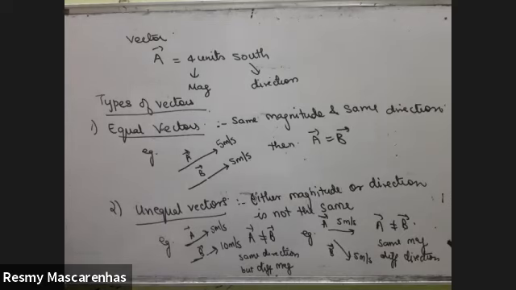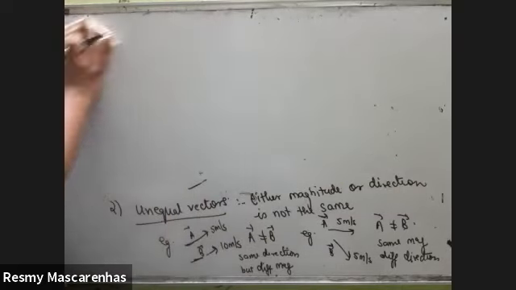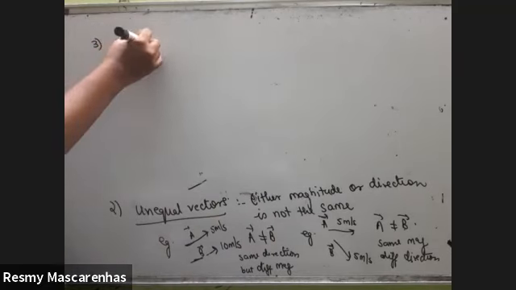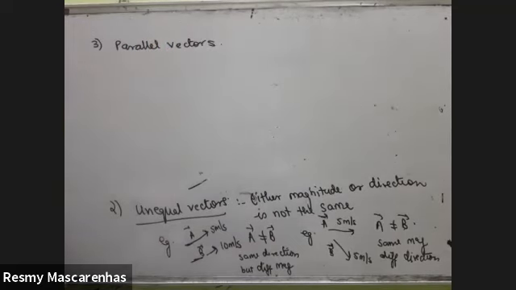Then the third type are parallel vectors. Parallel does not have to necessarily be equal.